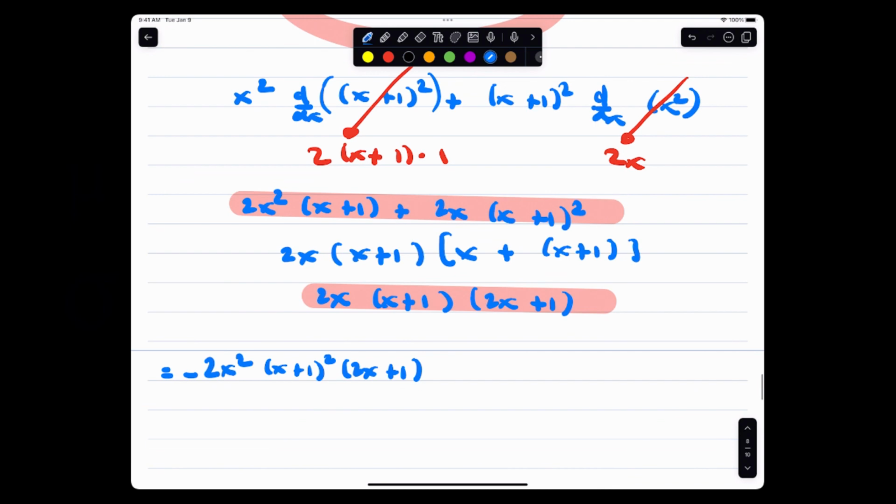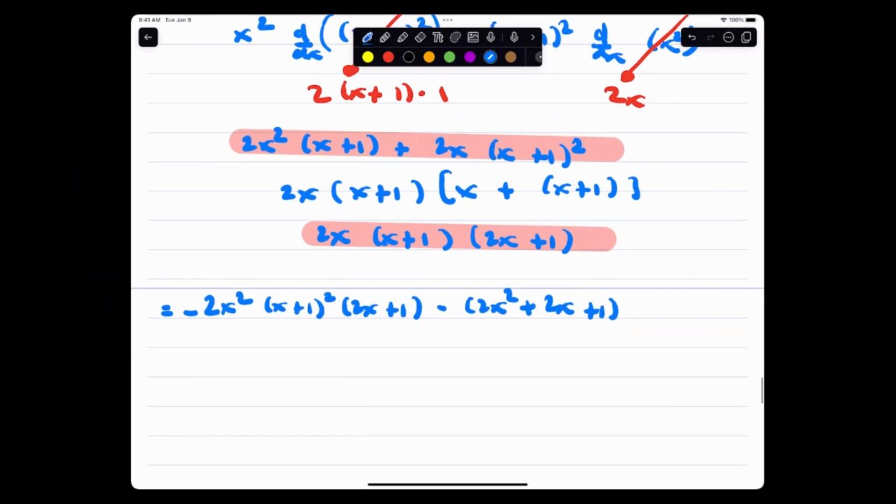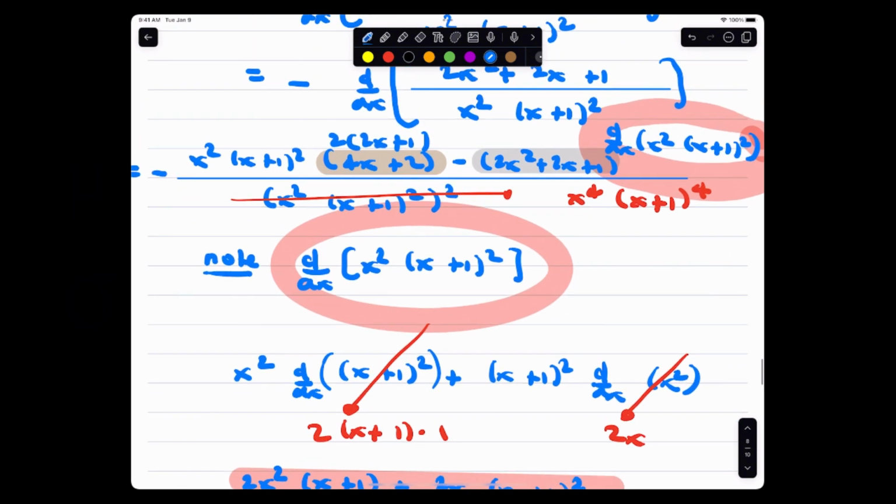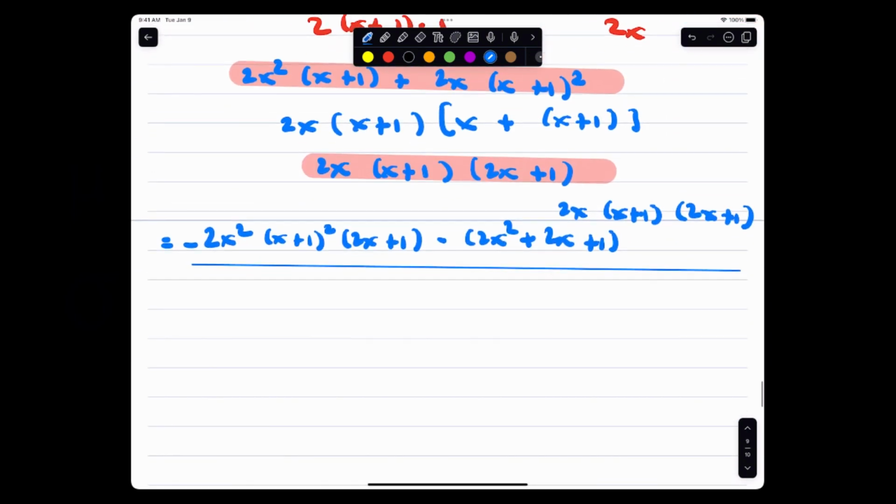And then you got minus that ugly polynomial, 2x squared plus 2x plus 1, but I think it'll be okay. And then this is going to be that 2x, x plus 1, 2x plus 1 term over x to the 4th, (x plus 1) to the 4th. Okay?